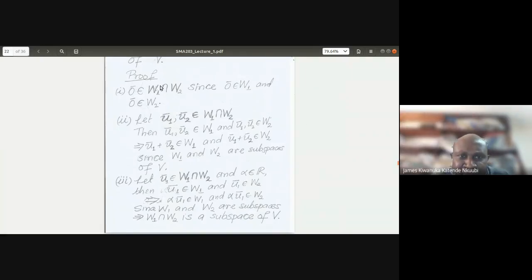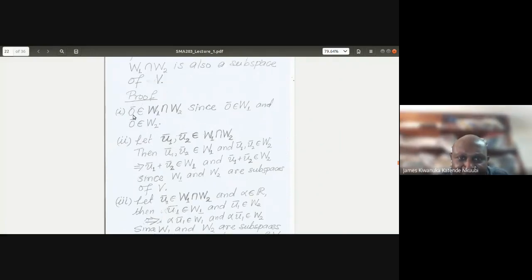So we want to check if the subset, the intersection of W1 and W2, is actually a subspace of V. We need to show first that the zero vector is in the intersection. But we have some information ready.